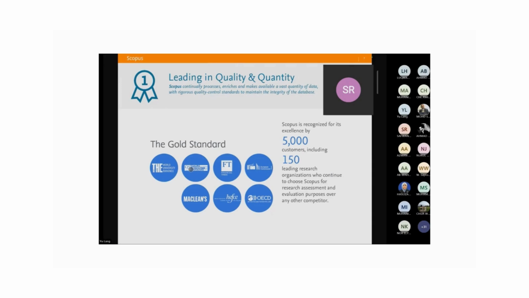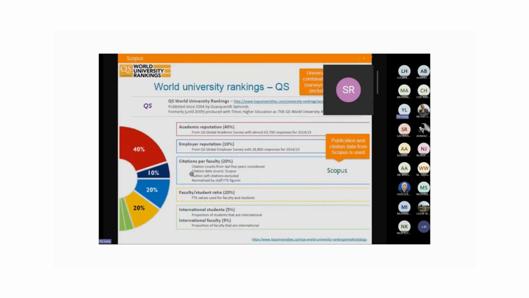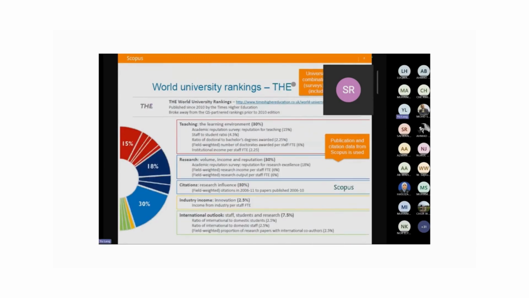Both of these organizations use the data obtained from Scopus, the citations in Scopus, in their evaluation. For QS, the citation is 20%. For THE evaluation, the citation is 30% of the total evaluation. So for both, the publication and citation data from Scopus is used in their calculation.